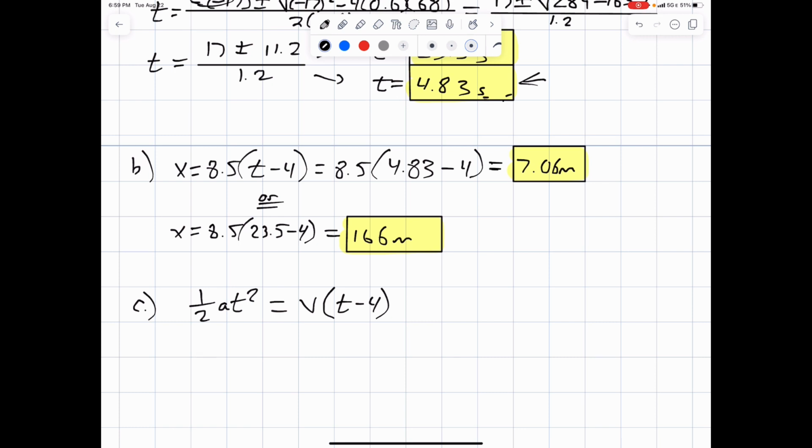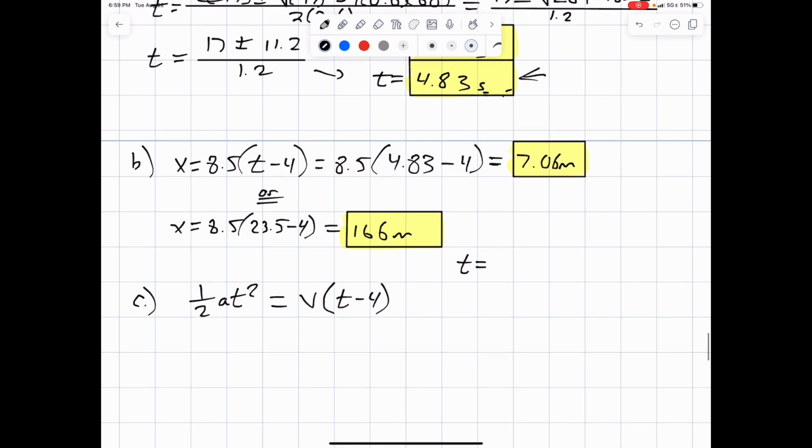To have a quadratic only have one solution, you've got to remember how the quadratic formula works. So plus or minus the square root of b squared minus 4ac all over 2a.